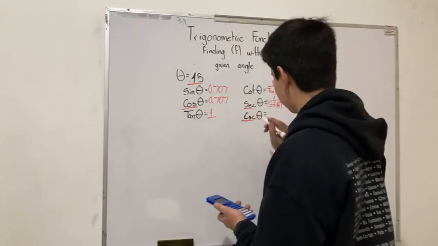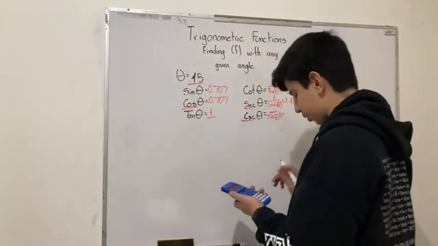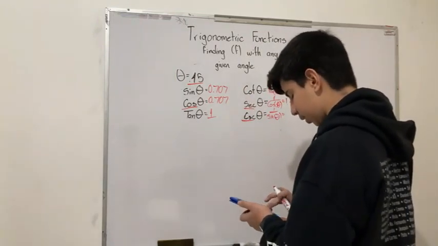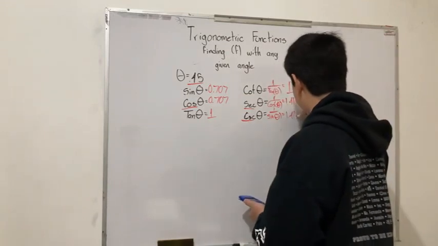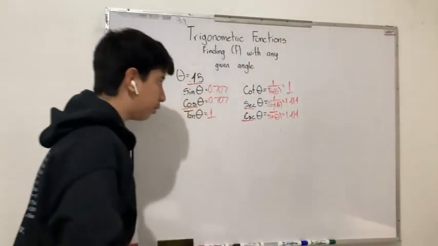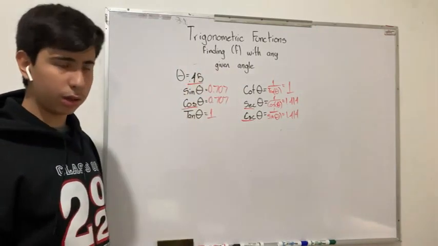And for CSC is sin theta. So there is 45, and we already know, 1 divided by sin 45. And it's the same, 1.414. That will be all for finding the trigonometric functions with any given angle.